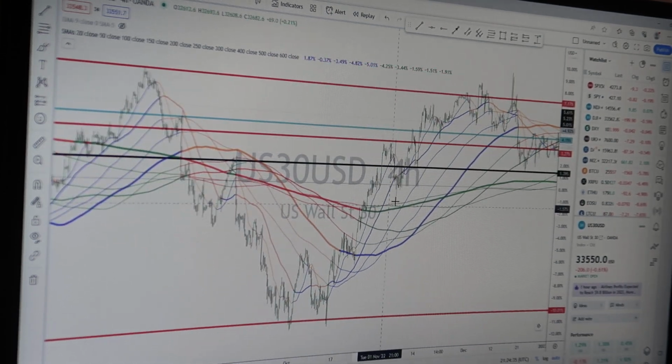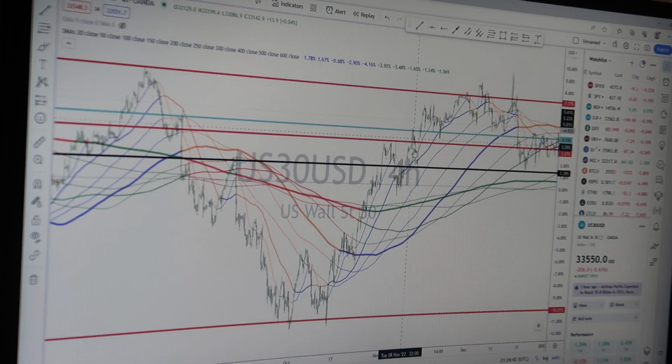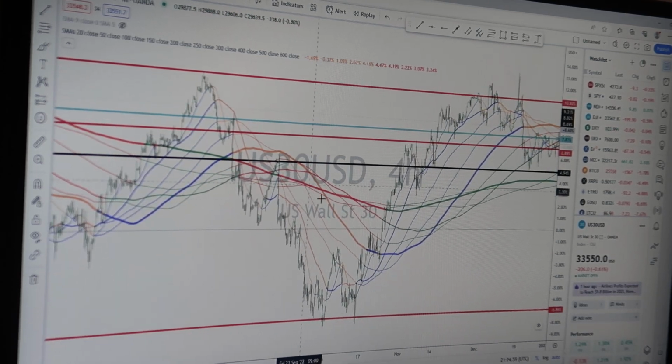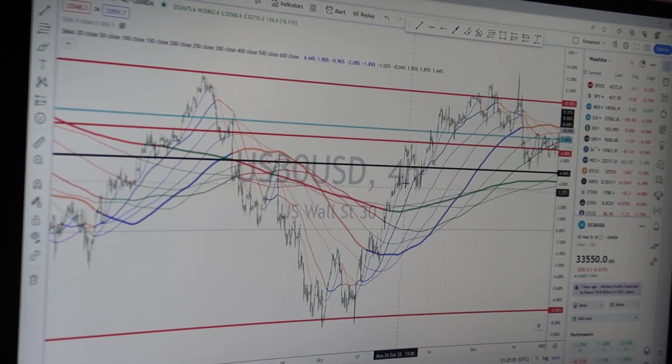Once you see the change of colors and you see that cross, see where your lines end up rejecting and bouncing from. Same way when they cross towards the short side, where it comes up to and rejects from. Like I said, the thicker the lines, those are going to be the most important lines and the pinpoints that you're going to want to look at.